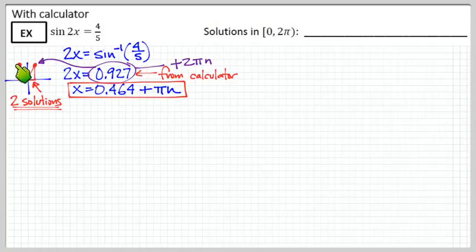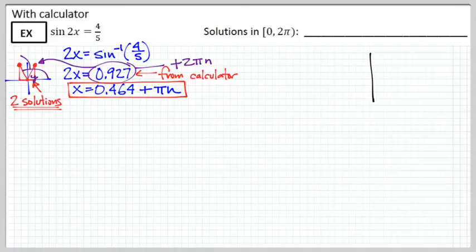But we still need to figure out this other angle here. What is the measure of this? The calculator told us that the angle right in here was 0.927. So we need to think about how we get this. Now, this angle right in here, let me actually draw a bigger picture over here.